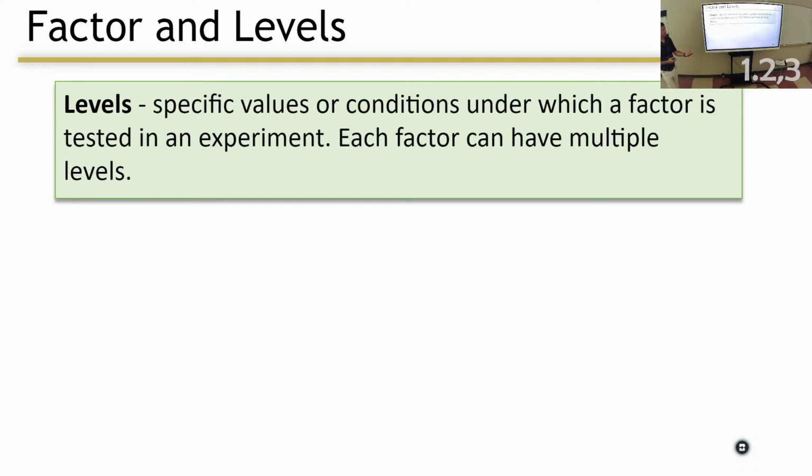So that's the specific conditions. So when I said the vitamin D pill or the placebo, that's really two levels. The factor is the pill. There are two levels, the real pill and the fake pill. Levels is typically a number, if that helps you.